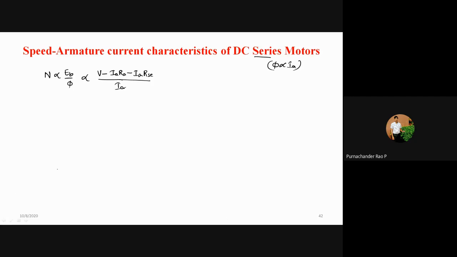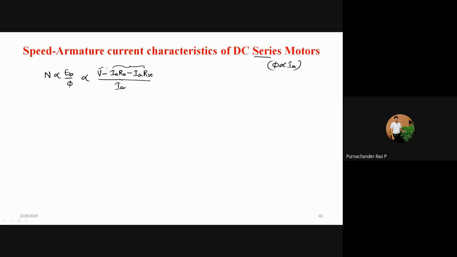In this equation, the numerator values IA RA and IA RSC are very small, and therefore this component, as compared to your applied voltage, will be very less. So in the numerator, the voltage is the dominating value, and V is nothing but your supply voltage.